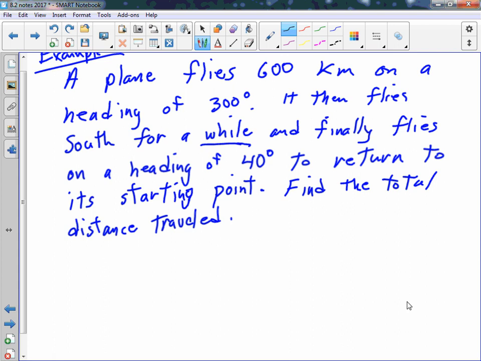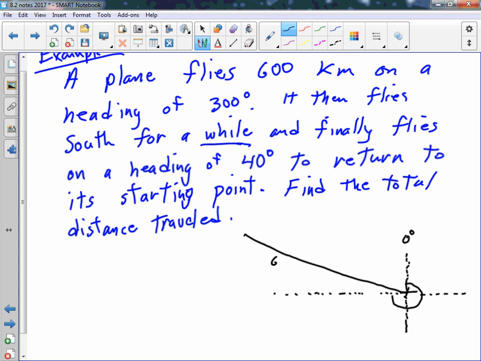So we are starting, let's say we'll start here. We're going to fly 300 degrees. Now, one thing I like to do is say, well, this is going to be 270, 90, 180, and 0. So 300 is going to be 30 degrees past 270.